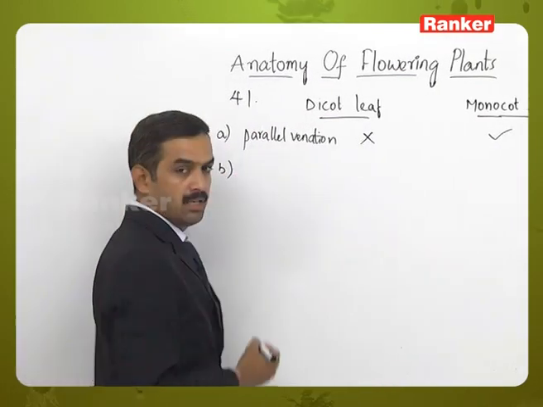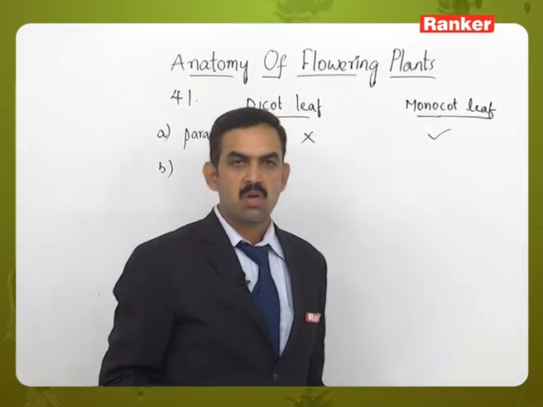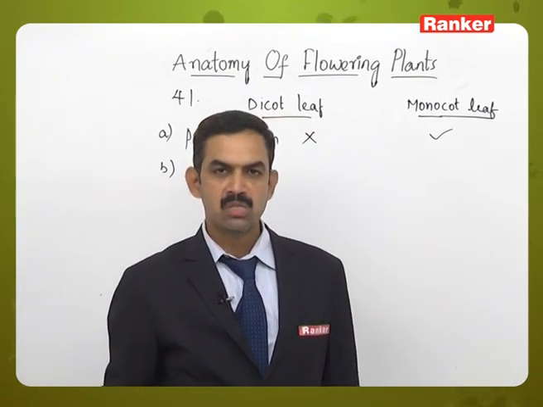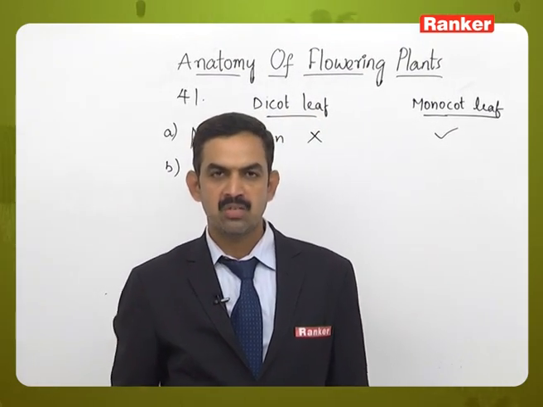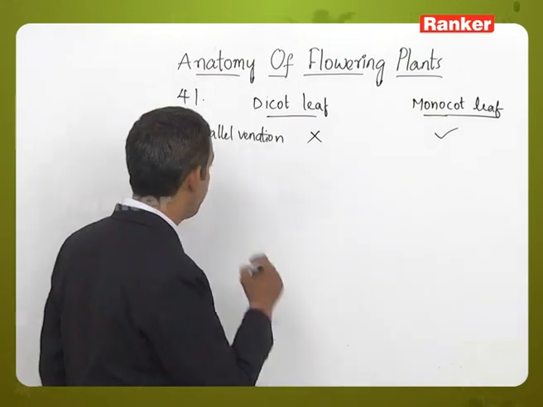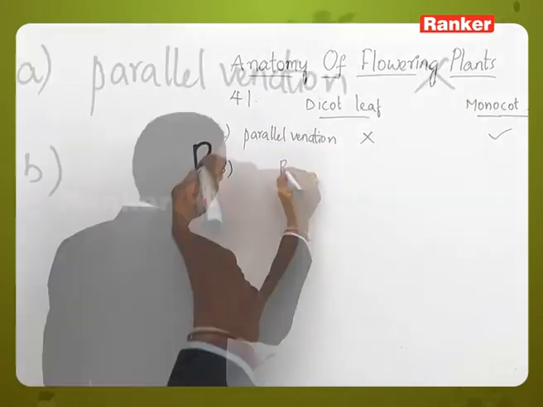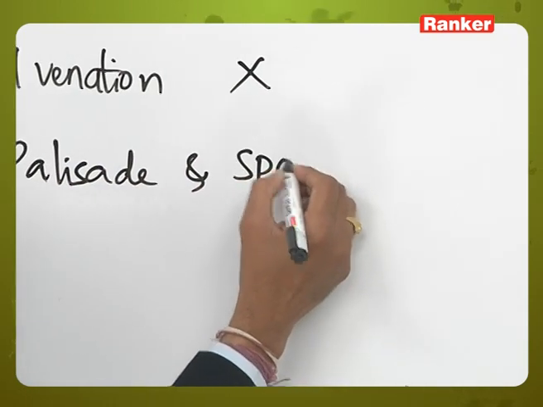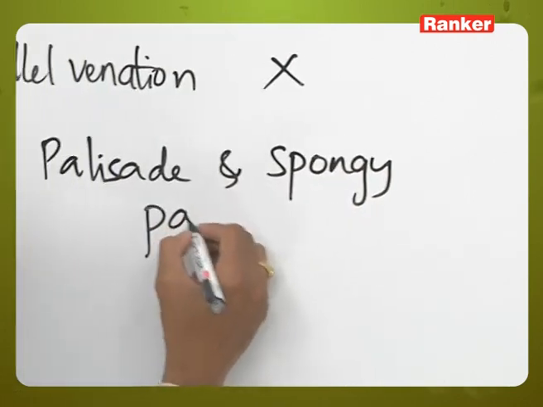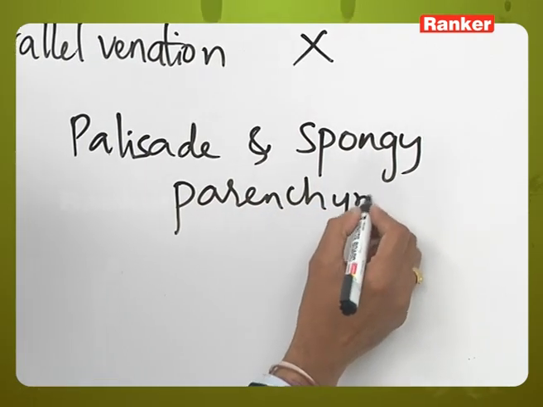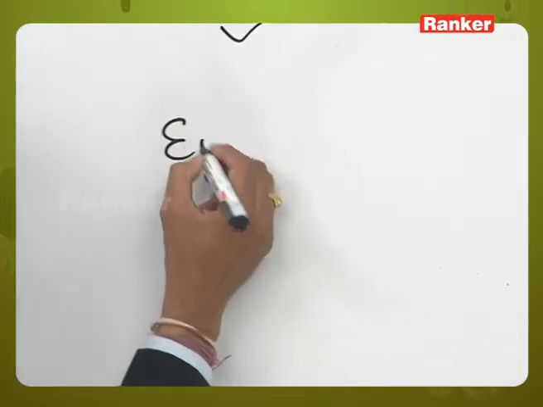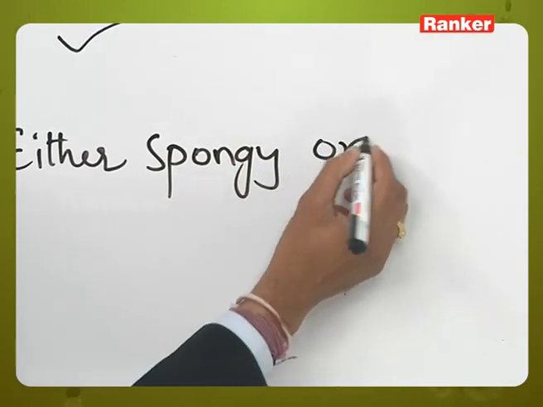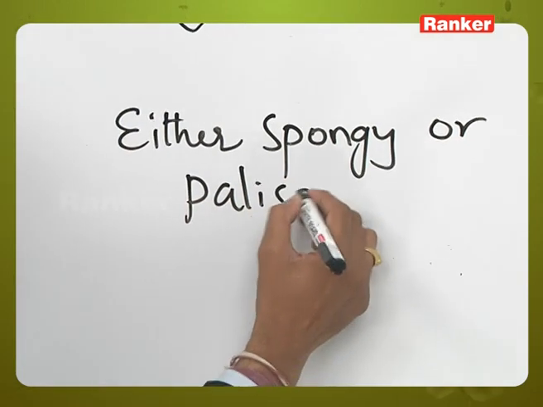And B, differentiation of palisade and spongy parenchyma. The ground tissue of the leaf, that is mesophyll, is differentiated into two types of tissues, that is palisade parenchyma and spongy parenchyma. This nature can be seen in the dicot leaf, but in the monocotyledonous leaf either they have spongy parenchyma or palisade parenchyma. Any one type is present.